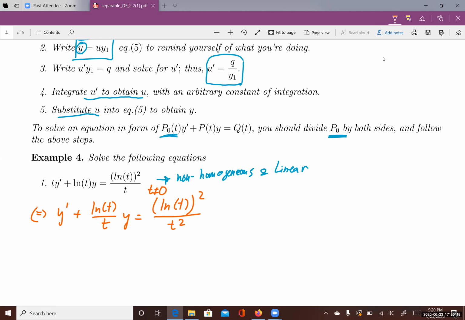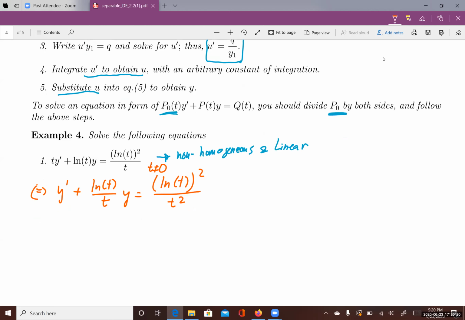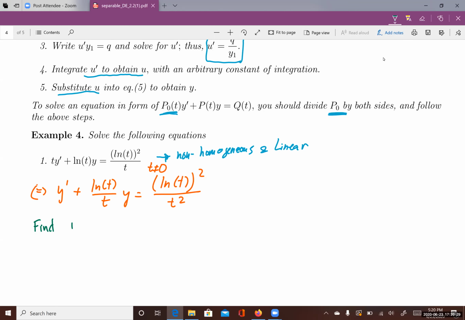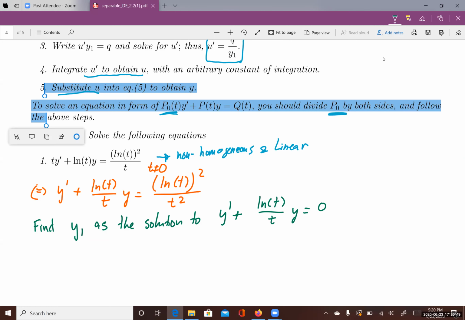All right. So at this point, I know it's still a non-homogeneous equation and linear. The next step is I want to find y1 as the solution to y prime plus ln t over t times y equals 0.